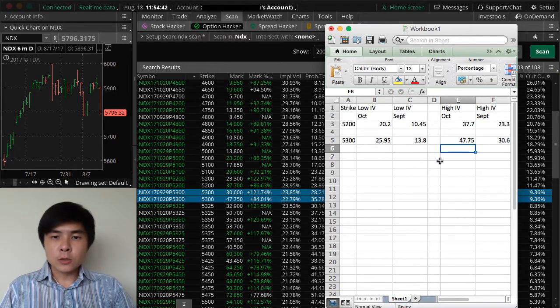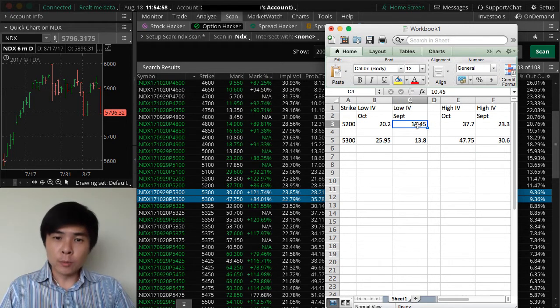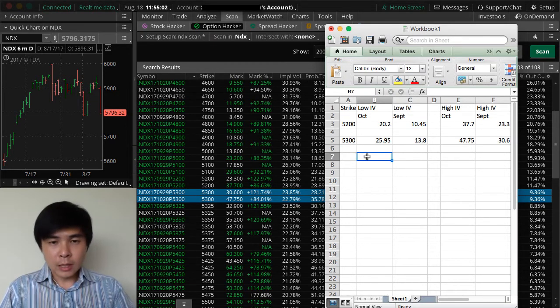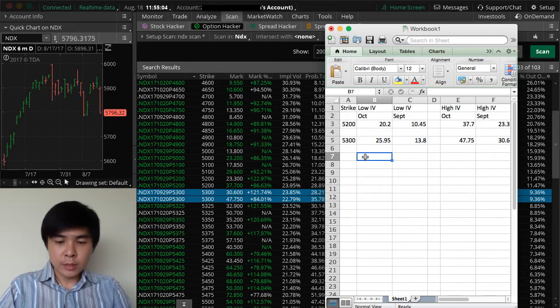Okay, so for a calendar spread, the basic understanding is if you are selling far away from the money, you will be selling the one with the higher price and buying one at a lower price, so you get a credit for it. So this is the first sell calendar.